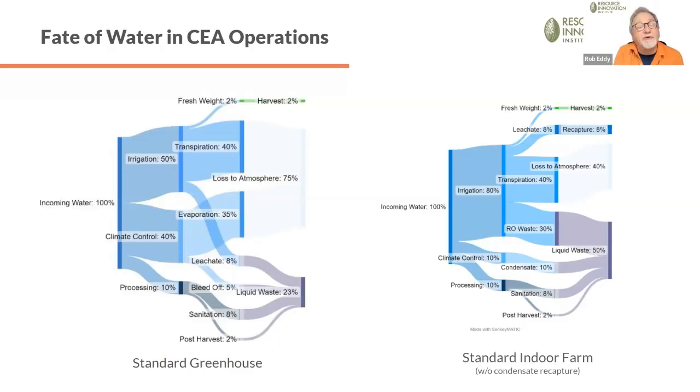RO, reverse osmosis, is often used to purify the water coming into the facility so that it's pure enough for hydroponics, okay? And RO, depending on how efficient it is, a lot of times it's wasting a lot of water. More on that later. Okay, but I just want you to see this and start thinking about where your water goes. What is the fate of that? Next slide, please.